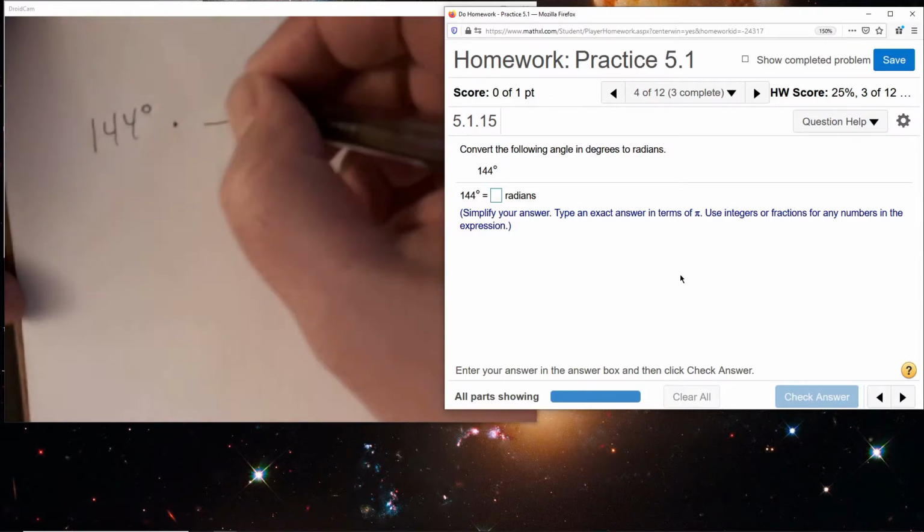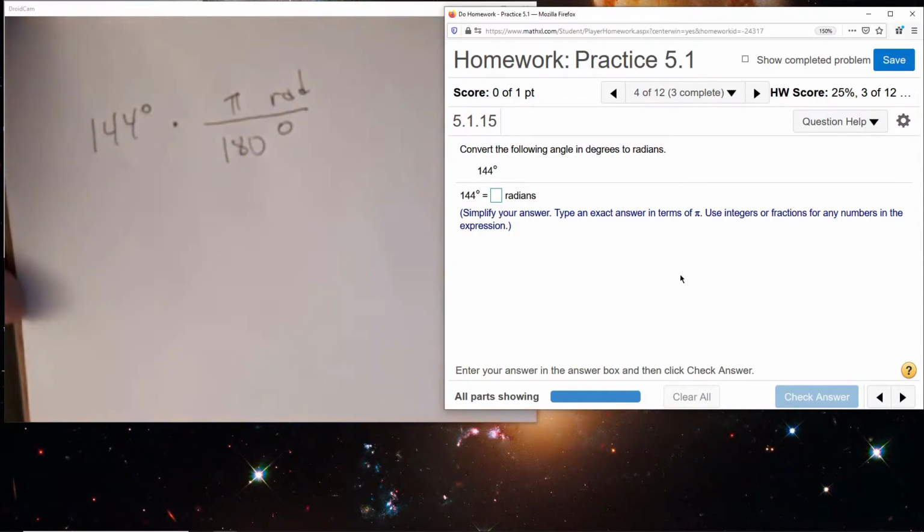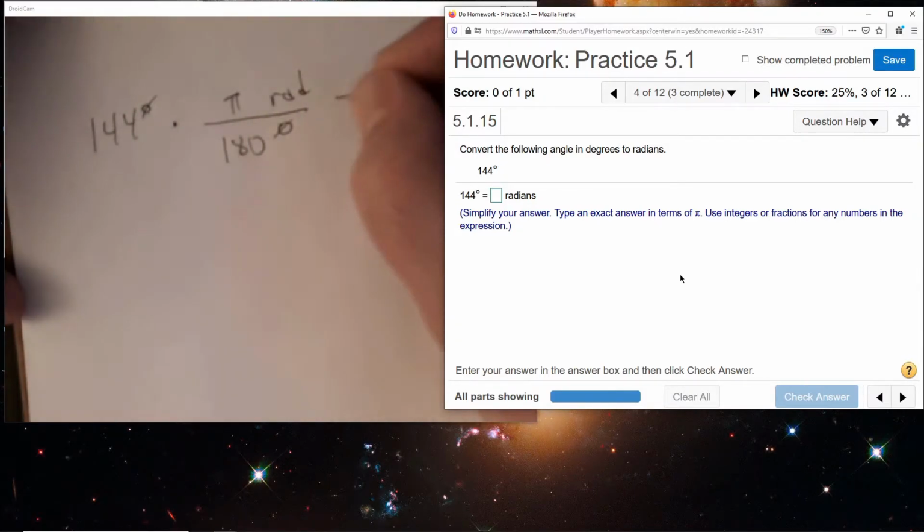And then remember, pi always goes with radians, and 180 always goes with degrees. This is our conversion factor then. And so now the degrees will divide out, and we'll be left with 144 pi over 180 radians.